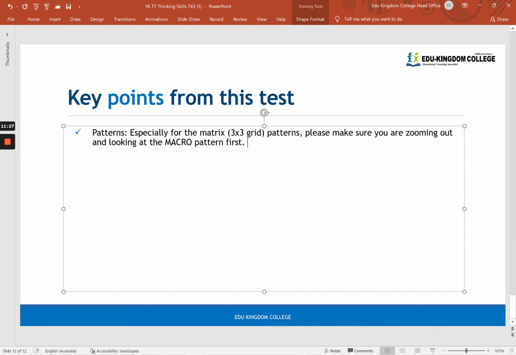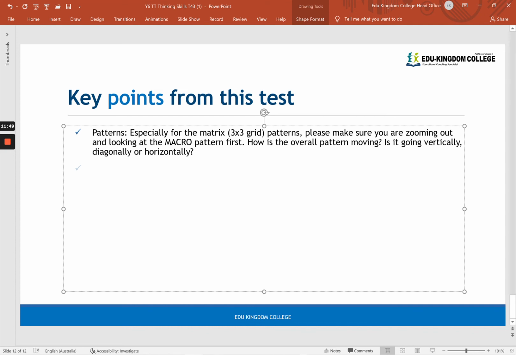What I mean by that is, how is the overall pattern moving? Is it going vertically, diagonally, or horizontally? You have to establish this before you go in, or else you're going to get too stuck on the little elements and you'll never be able to solve it.